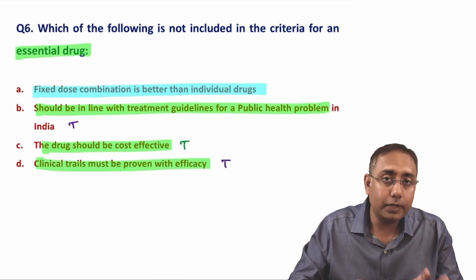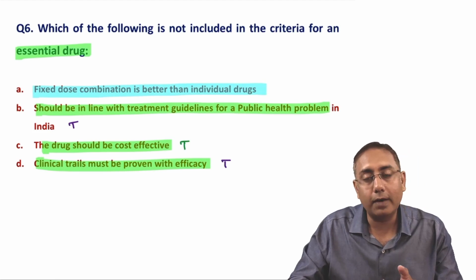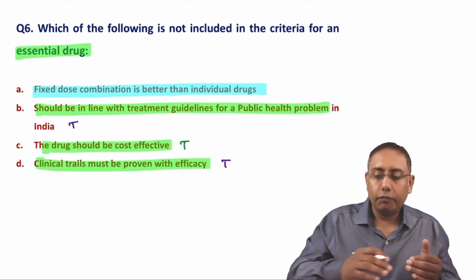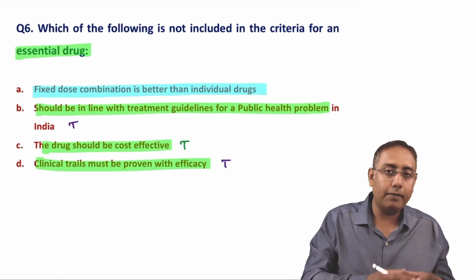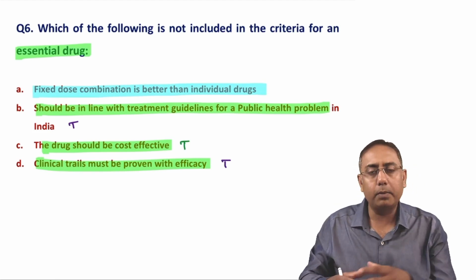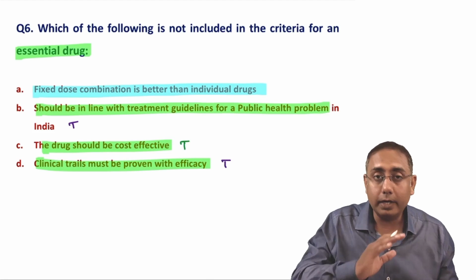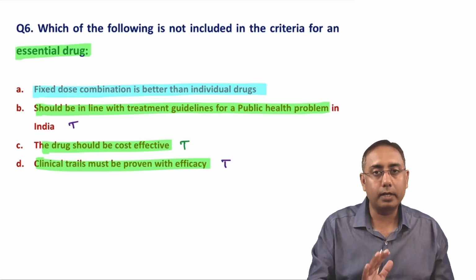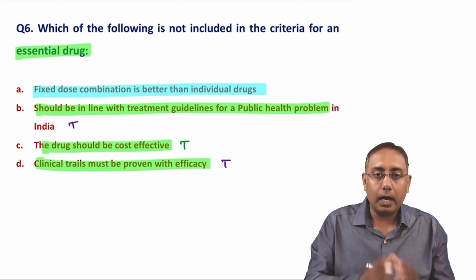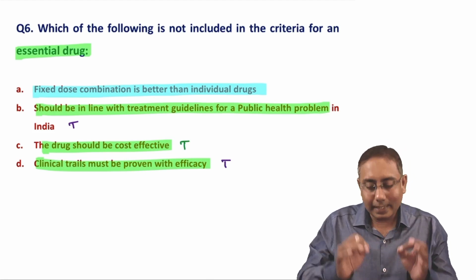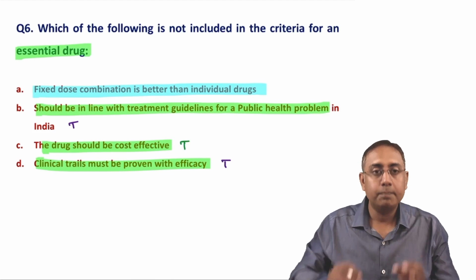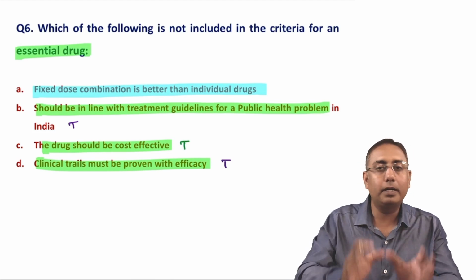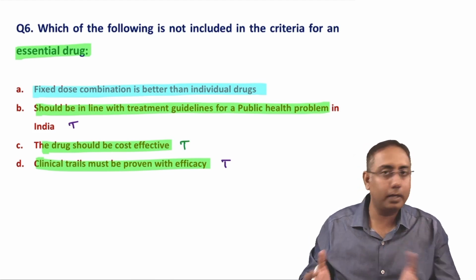The problem with the fixed dose combination is that you will have to adjust them for the weight, for any comorbidity, somebody having liver problem, somebody having kidney problem. Fixed dose combinations are almost never included in the essential drug list, because the essential drug list has simple, single, individual drugs to be given in line with the treatment guidelines for any public health problem in our country.